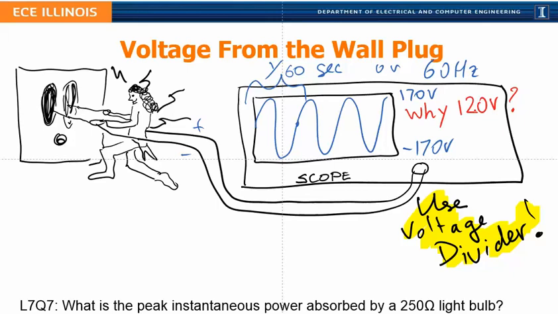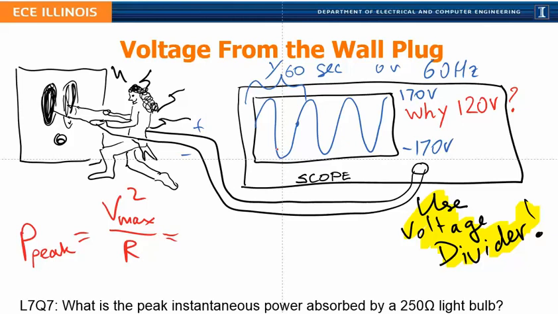All right, so before we get into it, let's ask ourselves, what is the peak instantaneous power absorbed by a 250 ohm light bulb? So power peak would be the maximum voltage squared divided by the resistance.